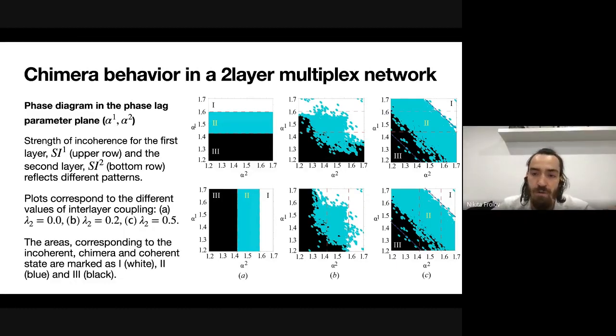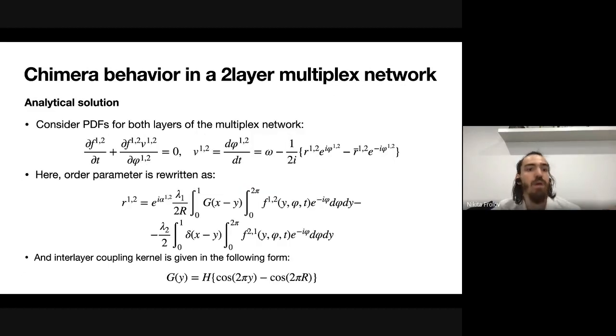The chimera pattern lies on the diagonal area, and the increase of the coupling strengths leads to the transformation of this two-parameter plane. We have proved this multi-layer phenomenon using an analytical solution in the framework of the Ott-Antonsen ansatz, which gives the continuous limit of the network behavior.